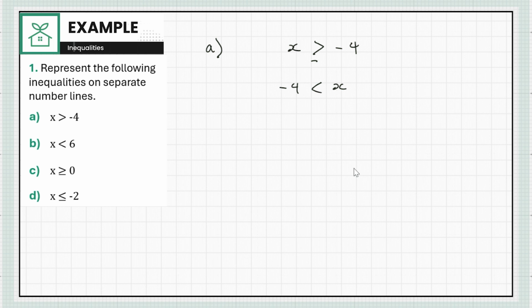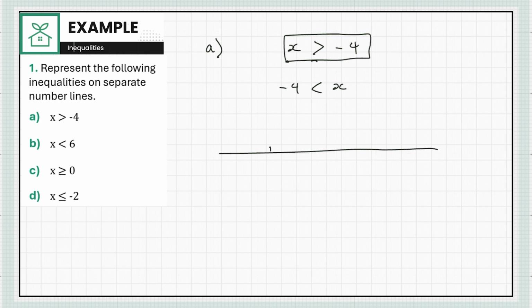Now, in order to draw this as a number line, just start off with a line. Now all we need to do is start putting in some values. So we know this is going to be x is greater than minus 4. What does that mean?